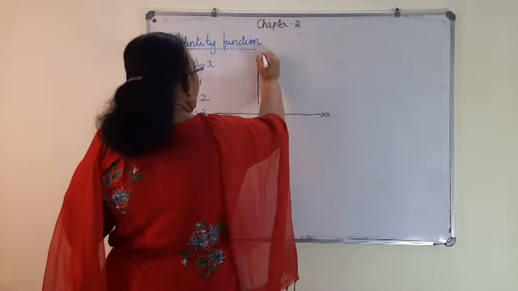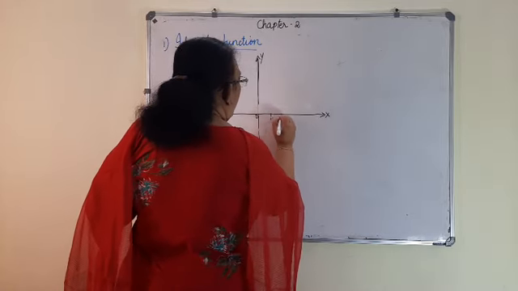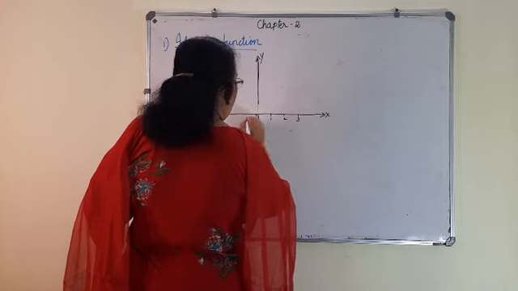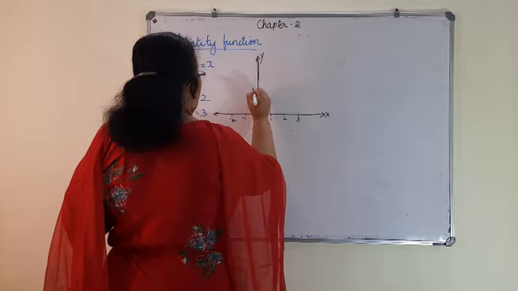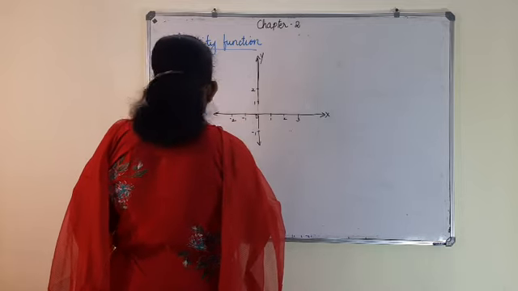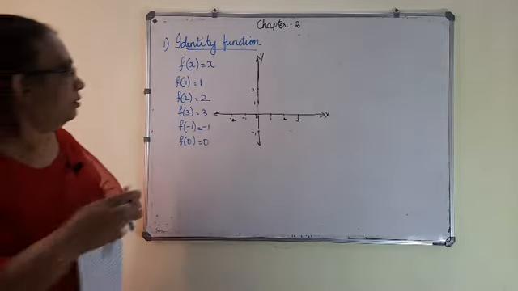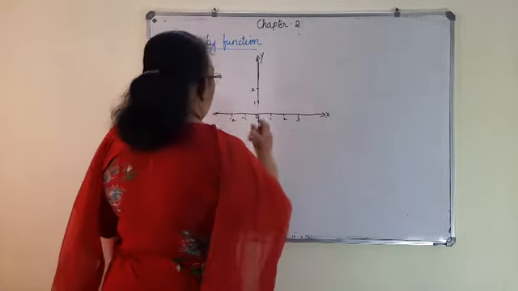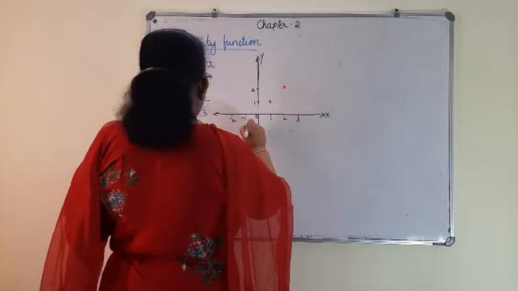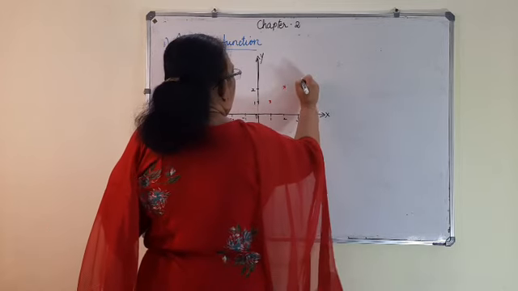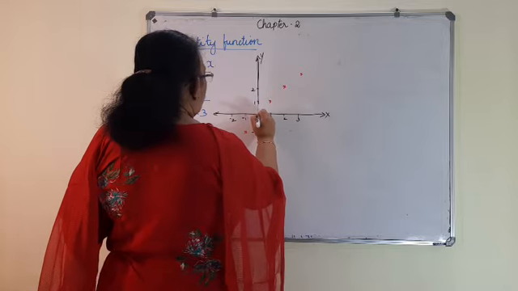Draw the x-axis, y-axis, origin. Mark 1, 2, 3, minus 1, minus 2 on the axes. The points are (1, 1), (2, 2), (3, 3), (minus 1, minus 1), and (0, 0).